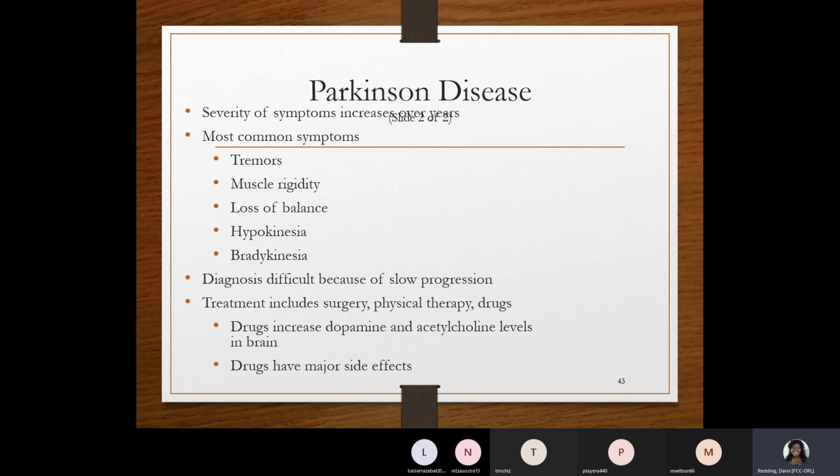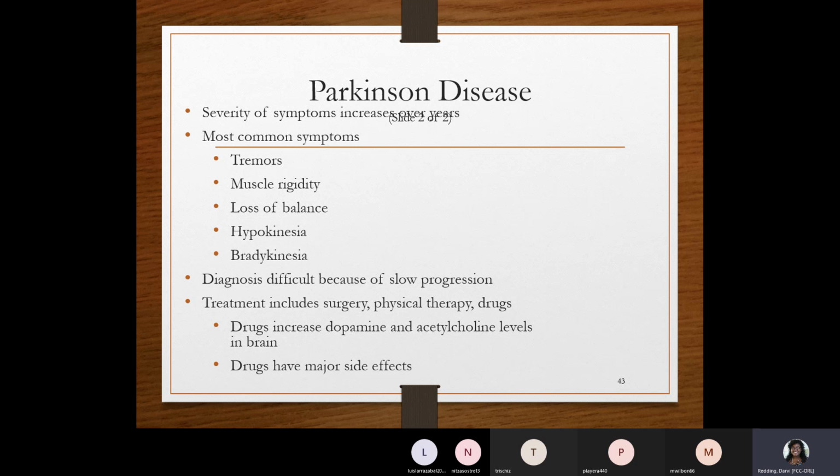With the diagnosis, it's difficult because of the slow progression. Remember, it increases over time. Some of the treatment for a person experiencing Parkinson's disease would include surgery, physical therapy, as well as drugs. The medications that would be prescribed would be used to increase the dopamine and acetylcholine levels in the brain.